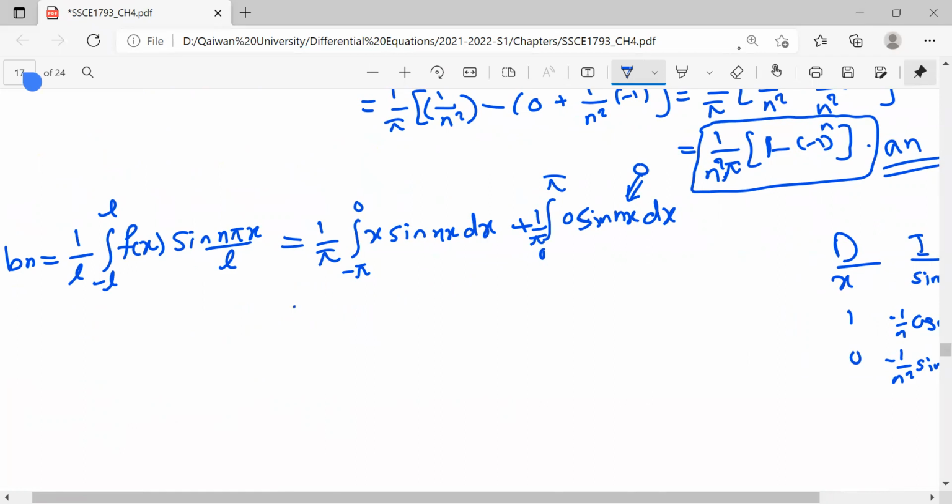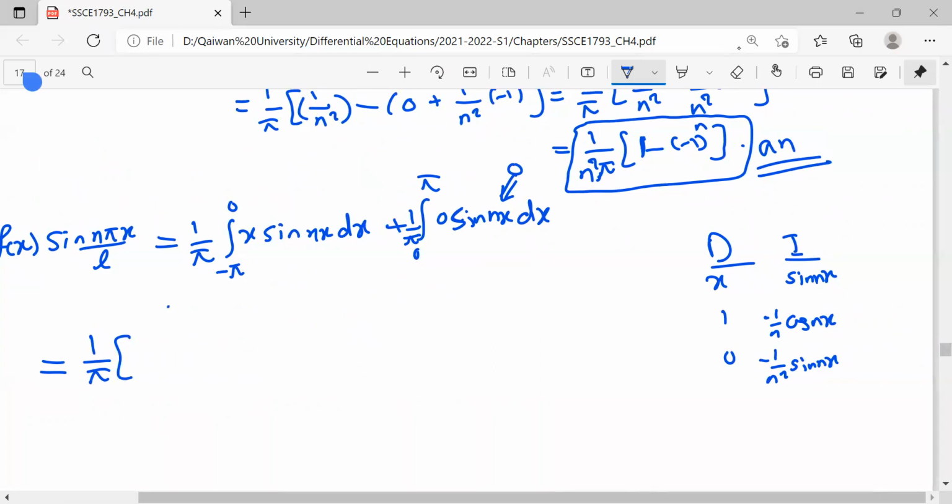we say it equals 1 over pi times minus, this is a negative sign. Here you have a negative sign. We multiply these two, then minus, we multiply these two.